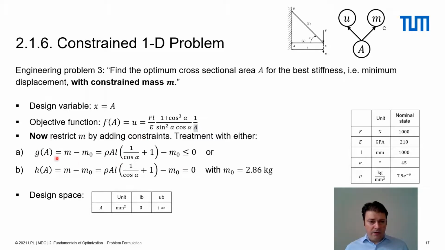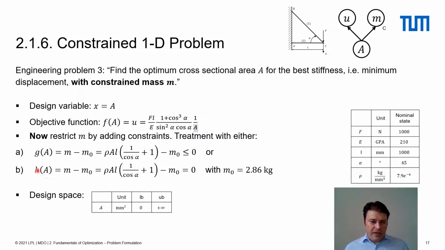This will be our inequality constraint function m minus m naught, which evaluates this expression here. The way we formulated it is that we can apply the condition that it should be less or equal to 0, just to express it in a standardized form.